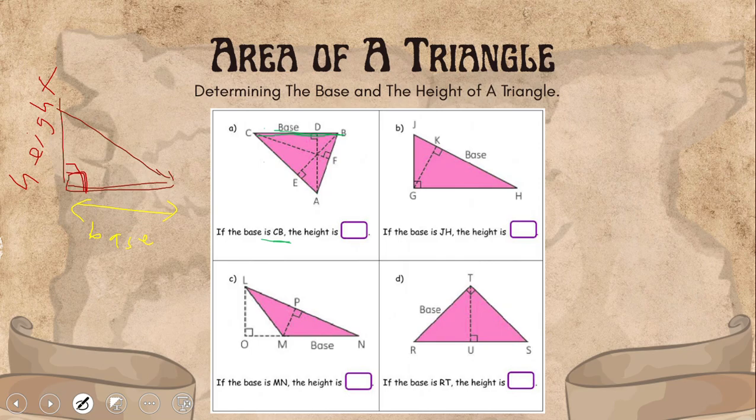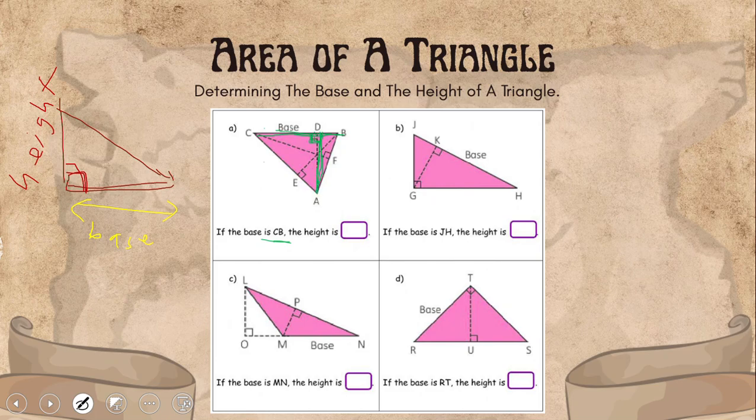So for the 90 degrees here, you can see that there's a small square there. This square indicates it's 90 degrees. So this line here, DA, is 90 degrees to the base CB.